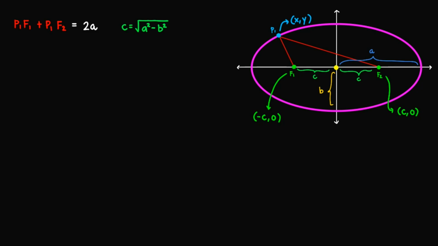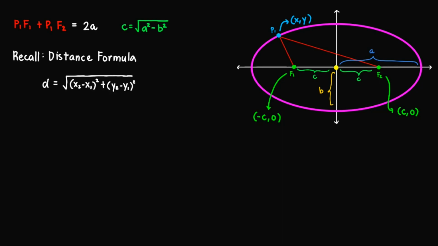And another thing that we need to remember is the distance formula. Given two points, this is given by the square root of the quantity x2 minus x1 squared plus the quantity y2 minus y1 squared. x2 minus x1 just refers to the difference of the x coordinates, while y2 minus y1 refers to the difference of the y coordinates.